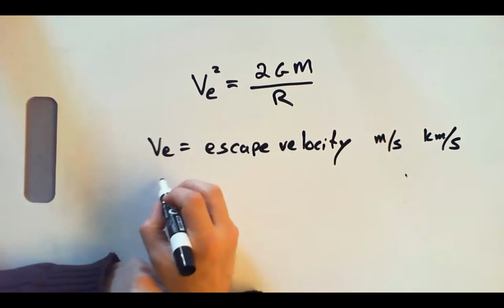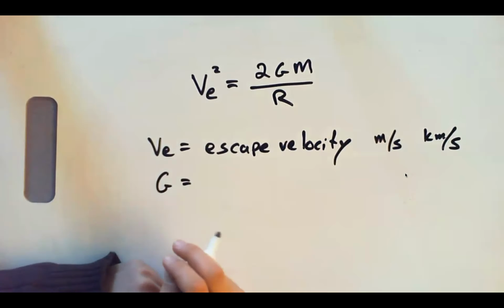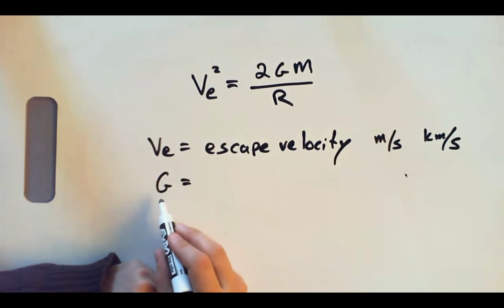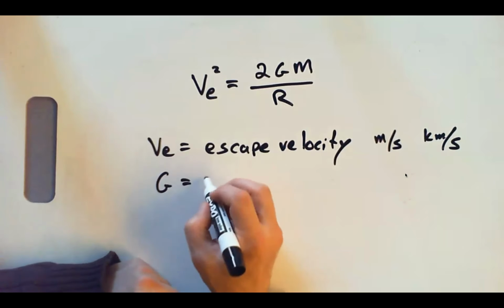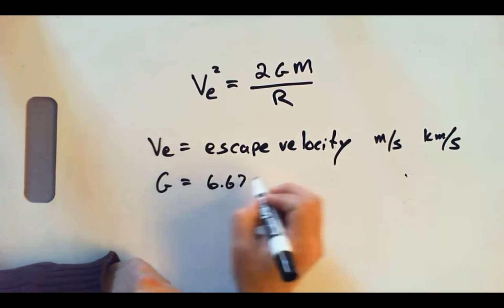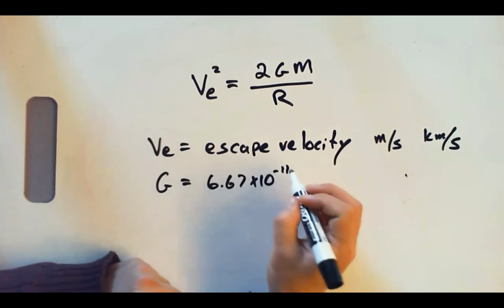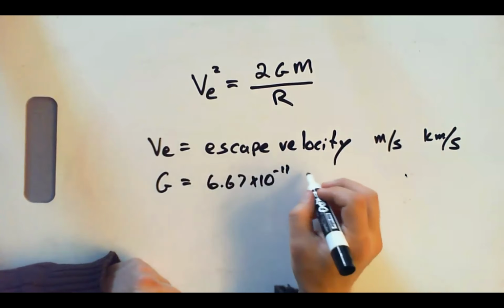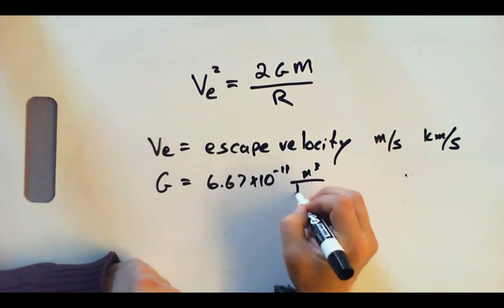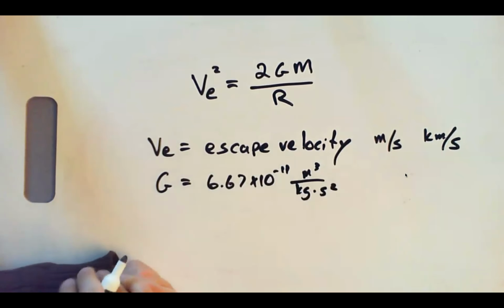G we've seen before. This is the same G that shows up in Newton's version of the gravitational force equation. This is the universal gravitational constant. If you don't remember, it's just a number with units, 6.67 times 10 to the negative 11. And it's got weird units, meters cubed per kilogram times second squared.